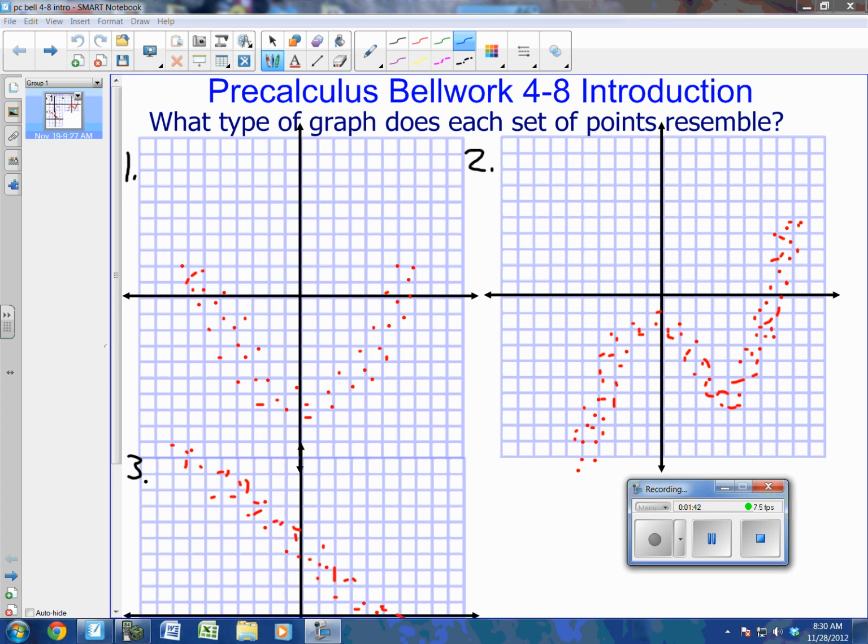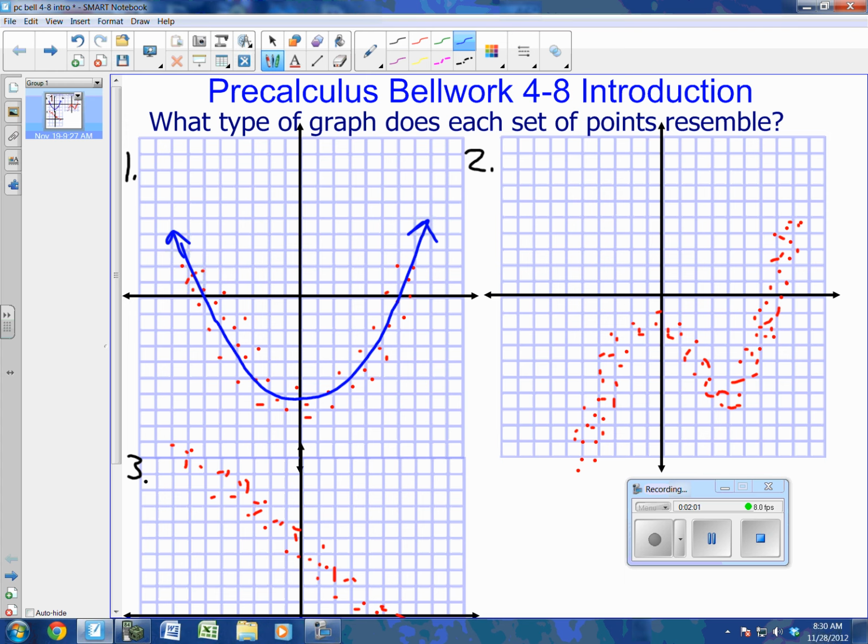Okay, these graphs. If you look at number 1, if you were to draw a curve that goes through the middle of all this, it would be a quadratic equation. It would graph a parabola. So this model is a quadratic function.